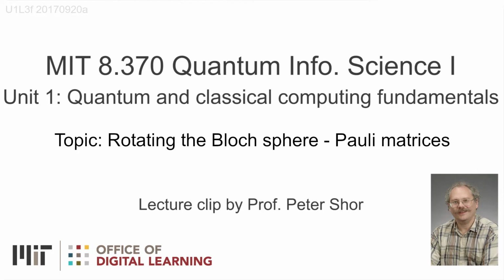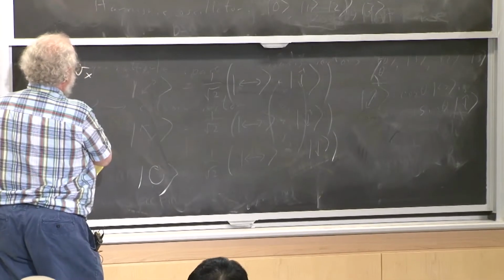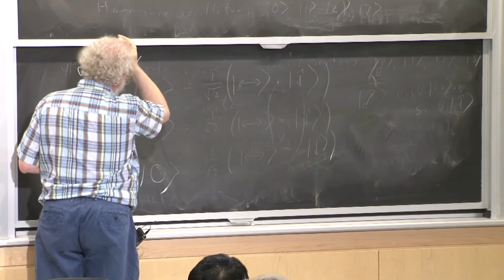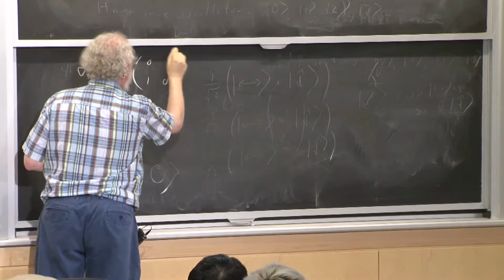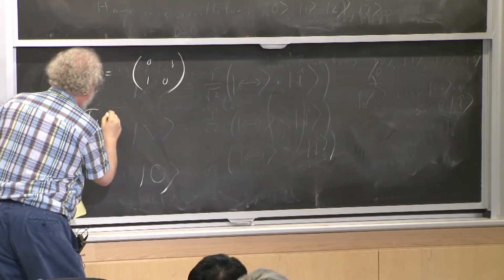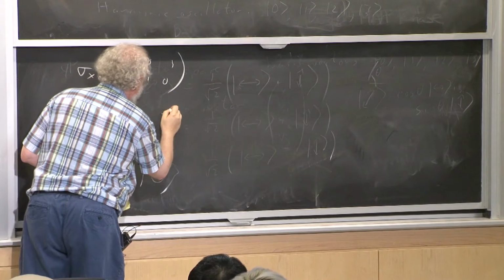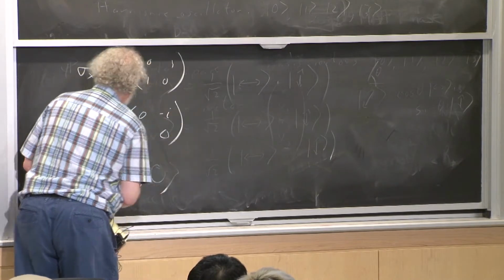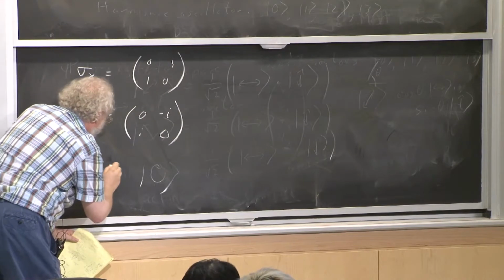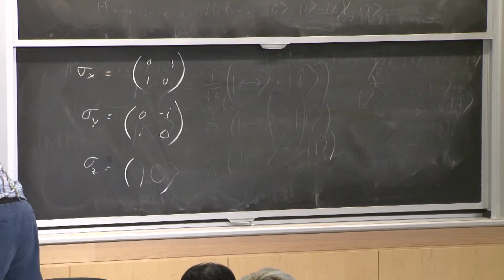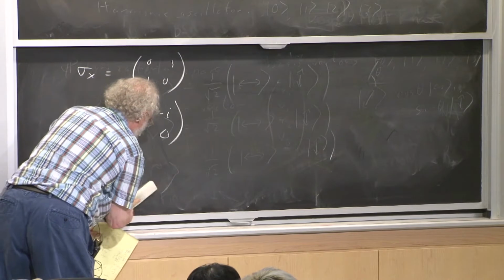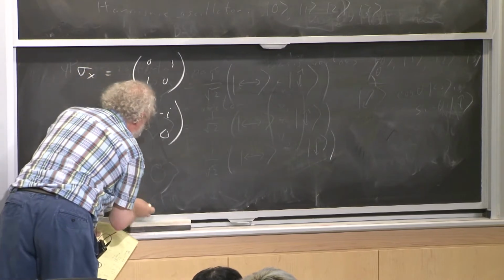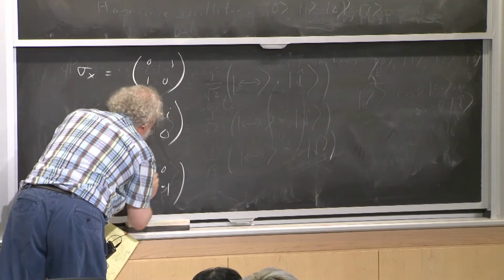The next thing I want to do is explain how to rotate the Bloch sphere. So let's write down these matrices. Minus i, 0, i, 0, and sigma z equals 1, 0, 0, minus 1.